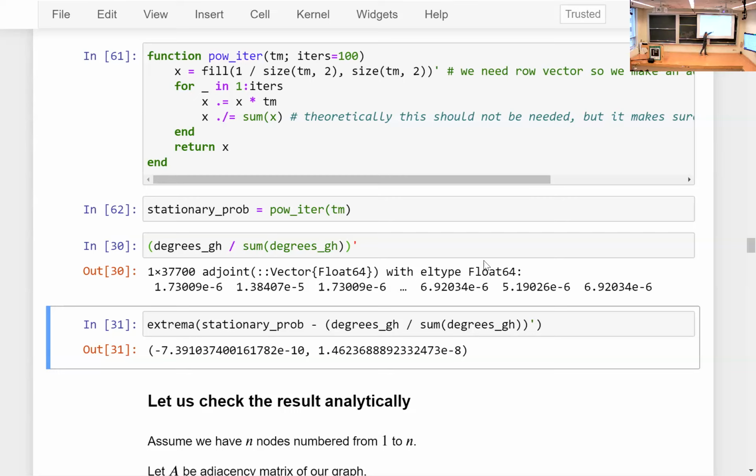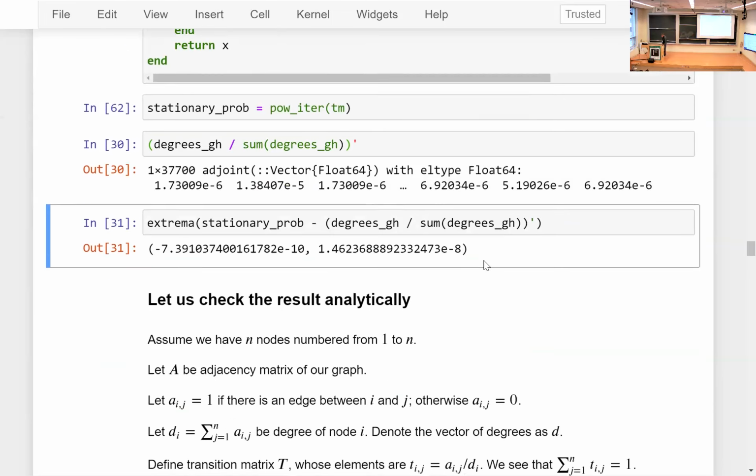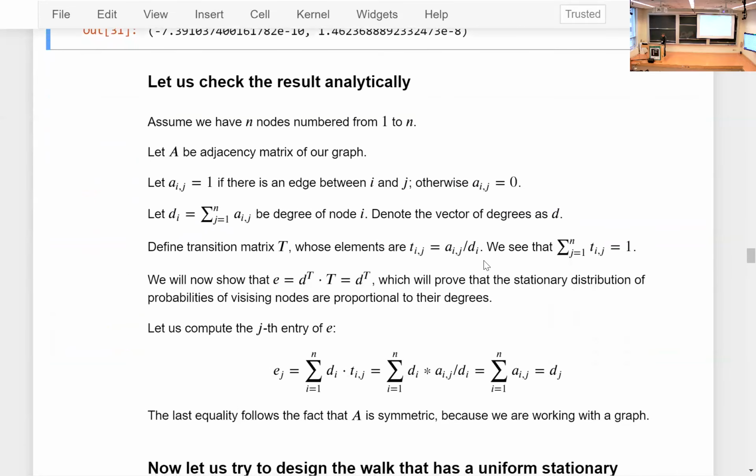But anyway, we can see that after 100 iterations, the convergence is below standard assumptions of numerical precision. So the graph is probably good, but we will go back to this in a second. Just for those of you who have never seen this, let us convince ourselves that what we have just found is true, not only in simulation and numerically, but in general.